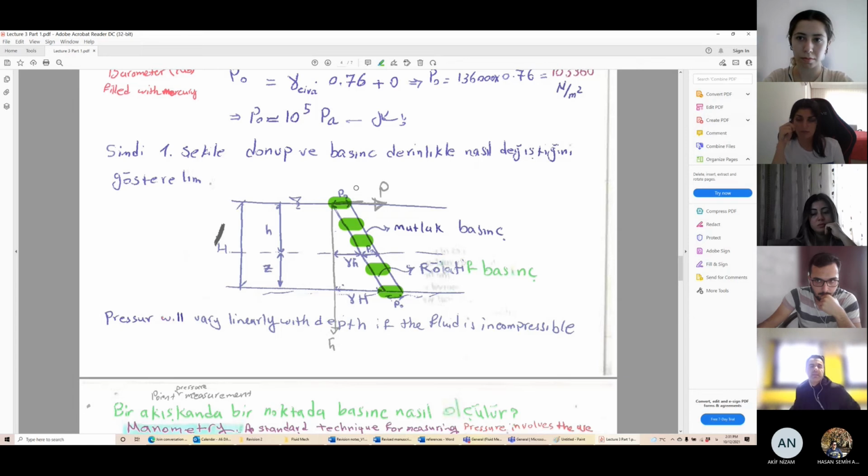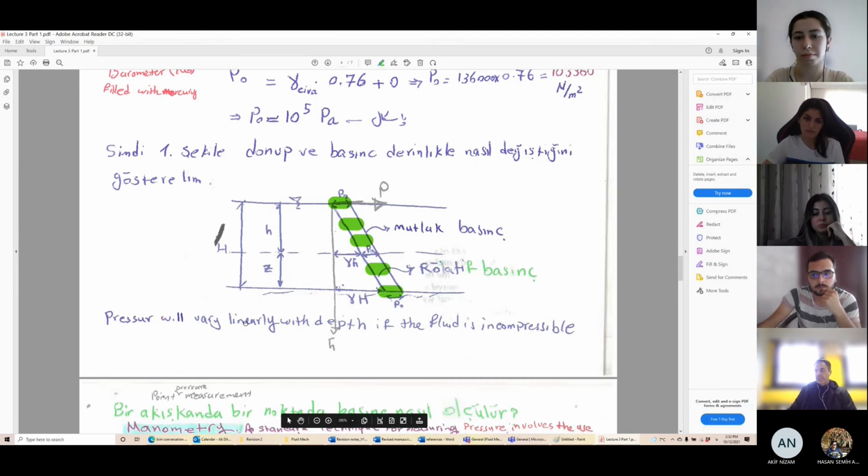But it again varies linearly because you just add a constant value. When you add a constant value to a linear function, the function remains linear. Okay, pressure will vary linearly with depth.